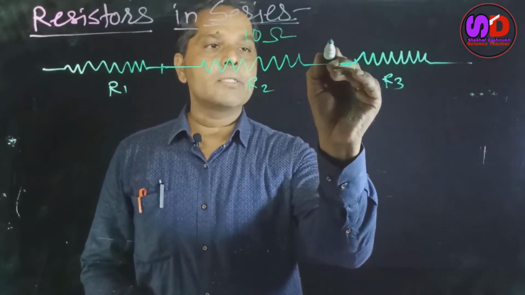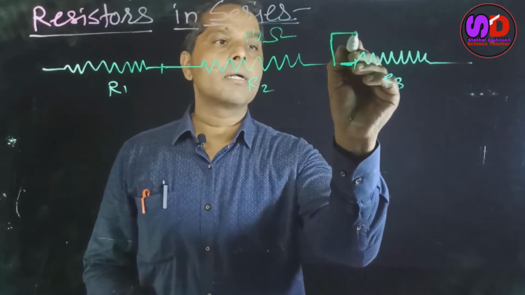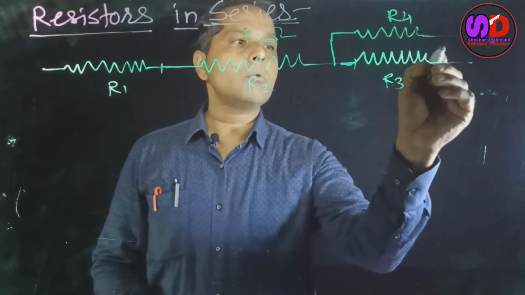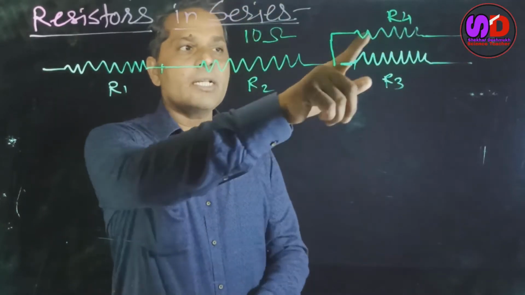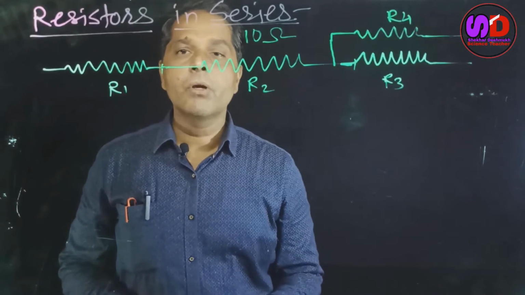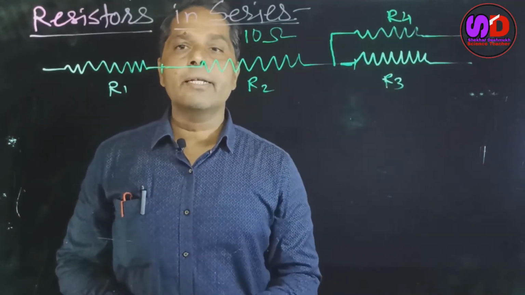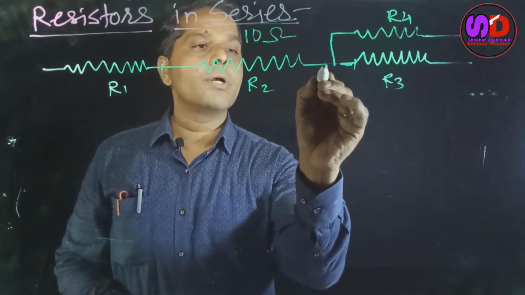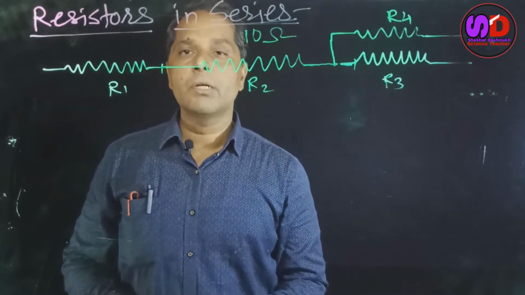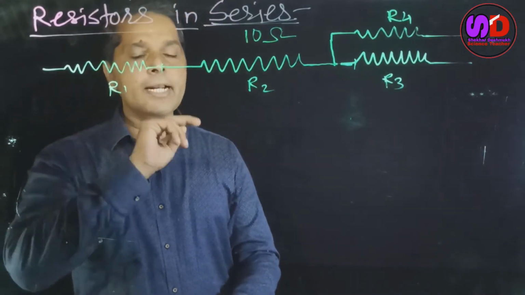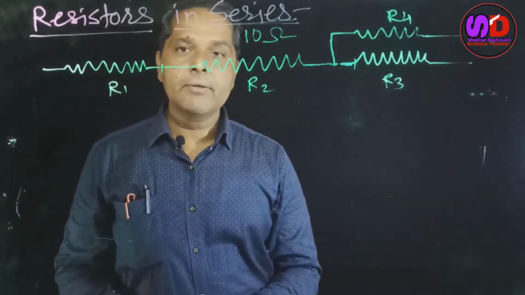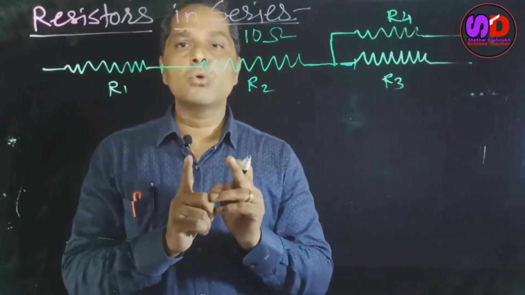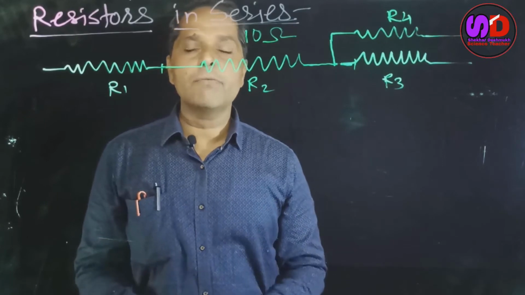But if I connect one resistor here, suppose it is R4, whether these resistors are connected in series, because it is also a head to tail combination? To find out, the second criteria we have to use is that the same amount of current should flow through them. What is the meaning of that?